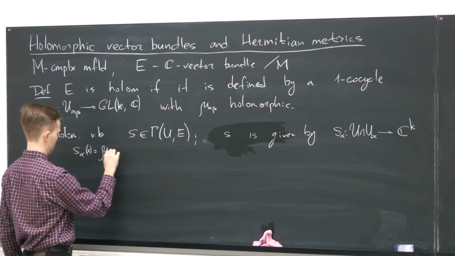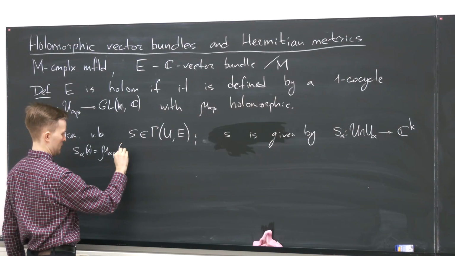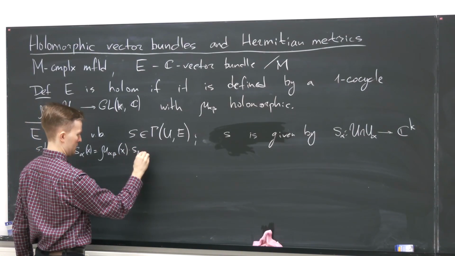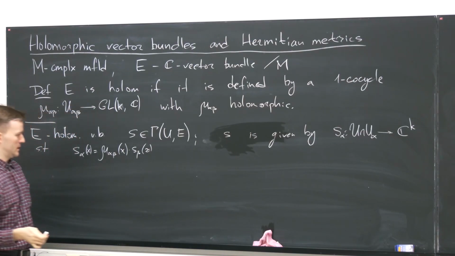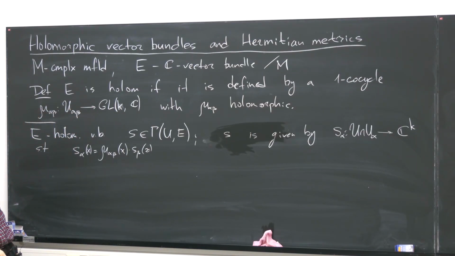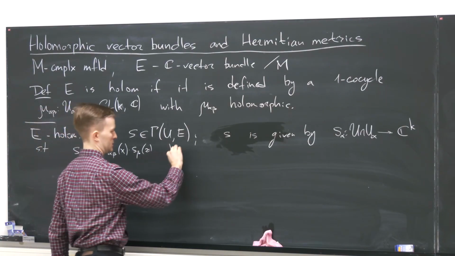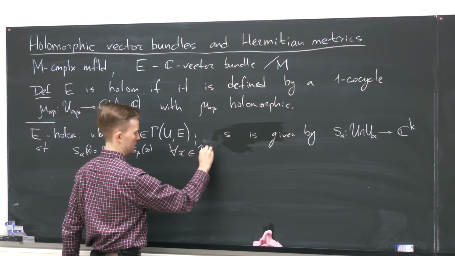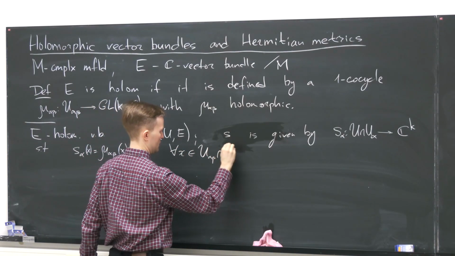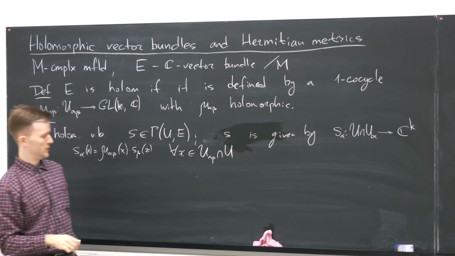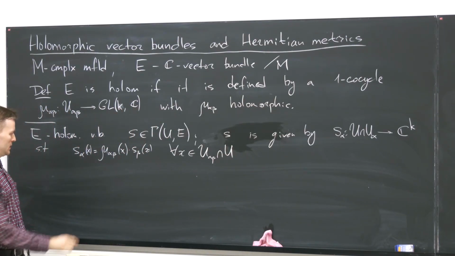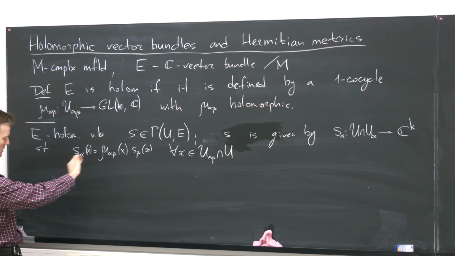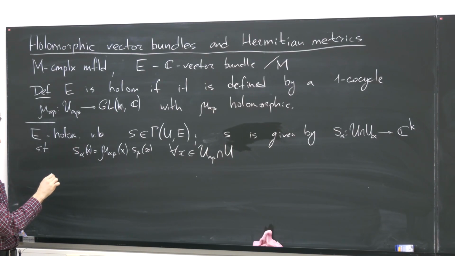such that we have the following condition, right? So that's a definition of a section, for all x in the intersection of U alpha, beta, and U. And then let's apply the del bar operator to this section.